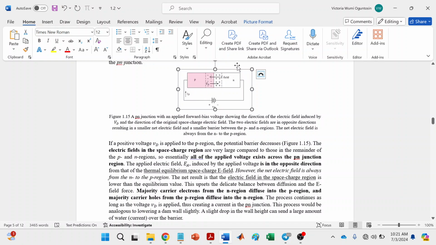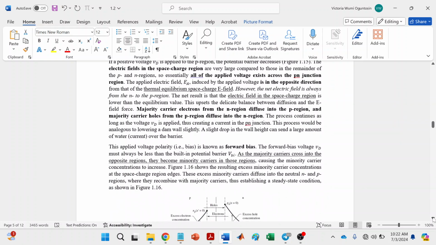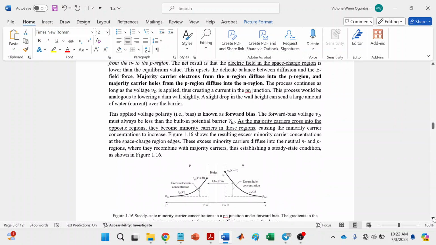So this diffusion would go on as long as the forward bias voltage is applied, and as a result of the diffusion of majority carriers, a current is generated in the PN junction in the forward bias case.